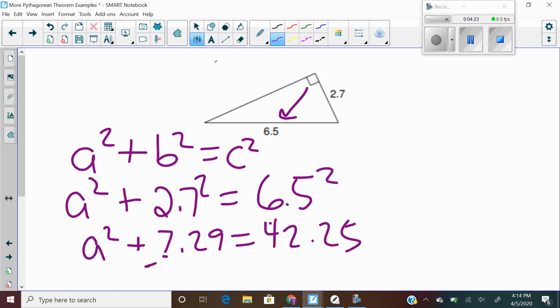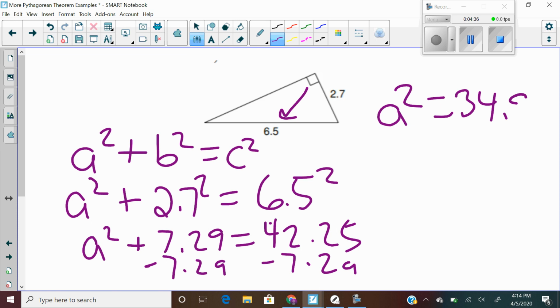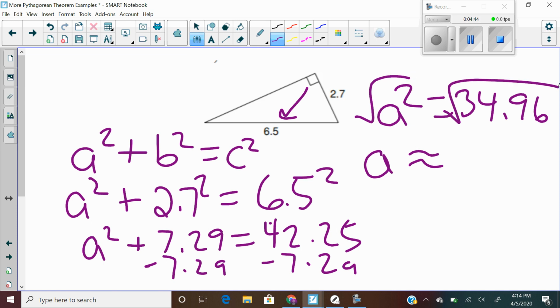So I subtract 7.29 from both sides. So I get a squared is 34.96. And then I take the square root, which is approximately, so a is approximately 5.9.